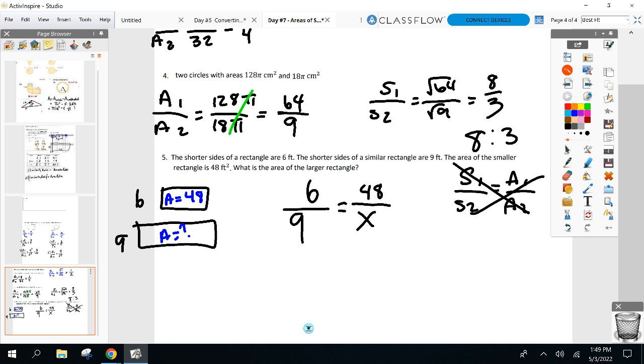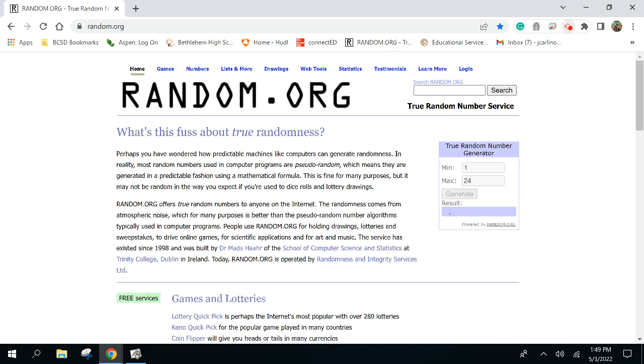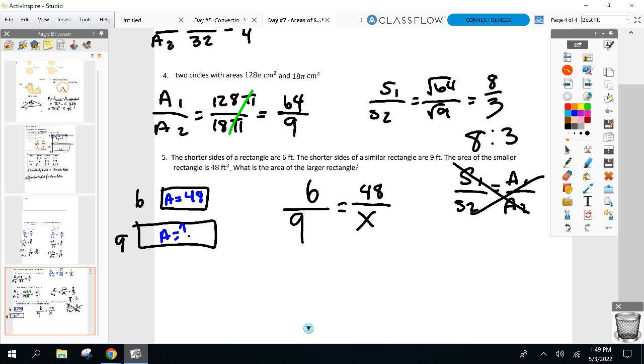So make it true now. What do I need to do to this proportion to make it true? Yes. Square the 6 and square the 9. Now you can cross multiply. You should never be setting the sides and the area equal. Square the sides, then set them equal.